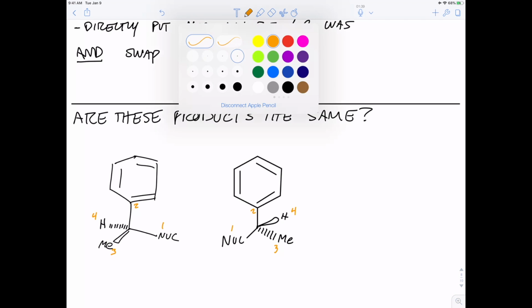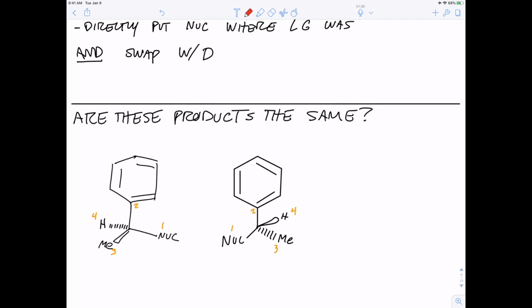So now we want to figure out whether these are R or S. So going from 1 through 2 to 3 and see which way that arrow goes. So 1, 2 to 3 is going that way. So this is the wrong way to go around the clock, or the silly way to go around the clock. So that's S. And then if we look here, we have 1, 2, 3.